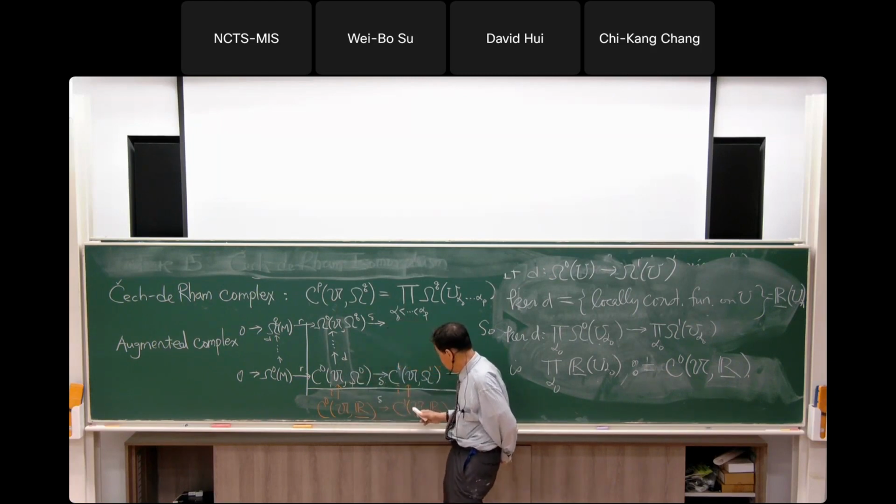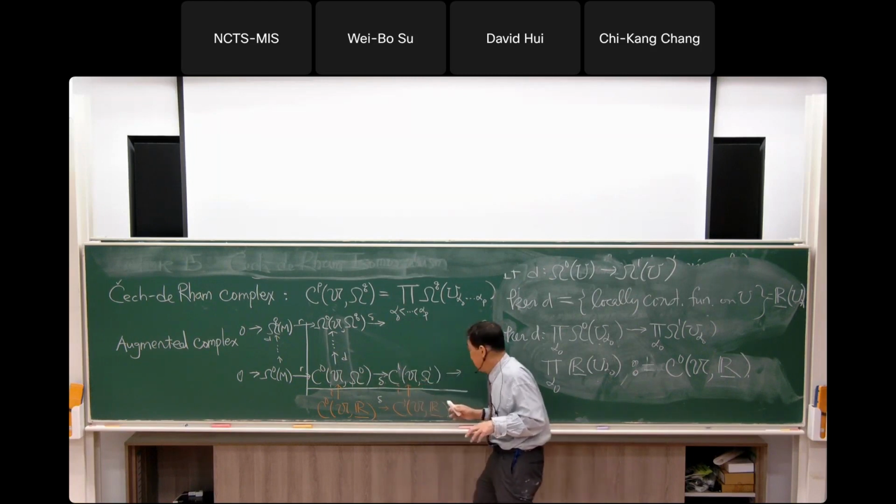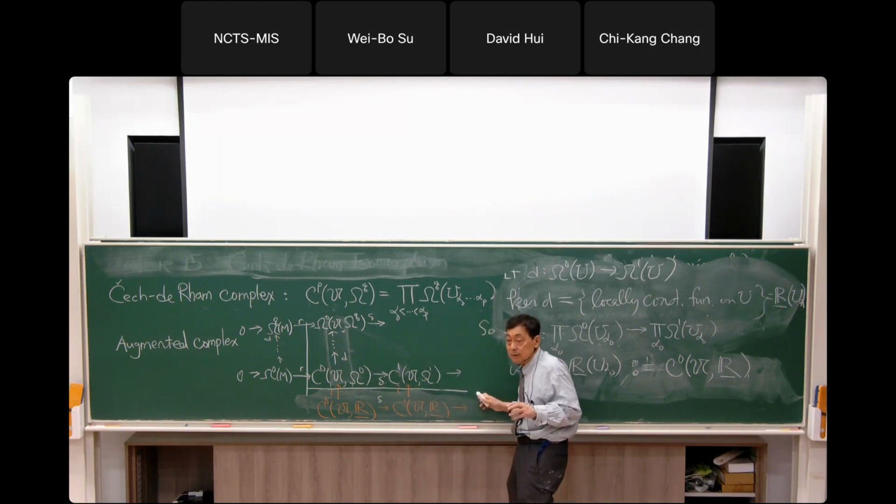And for this column to be exact, the cohomology of all the pairwise intersections has to be zero. For the next column to be exact, the cohomology of all the triple intersections has to be zero.